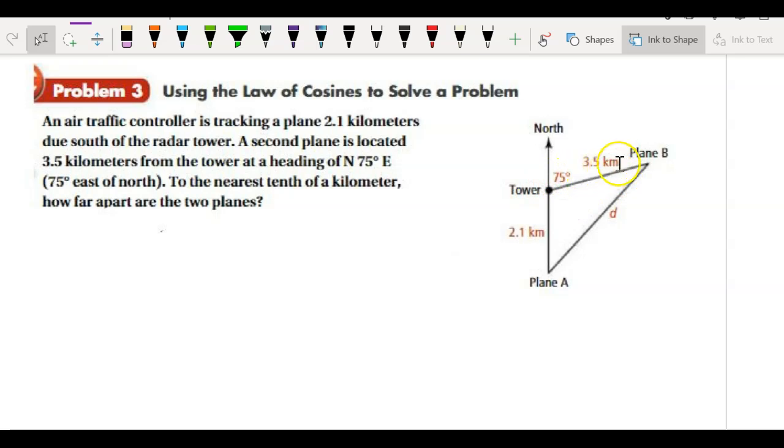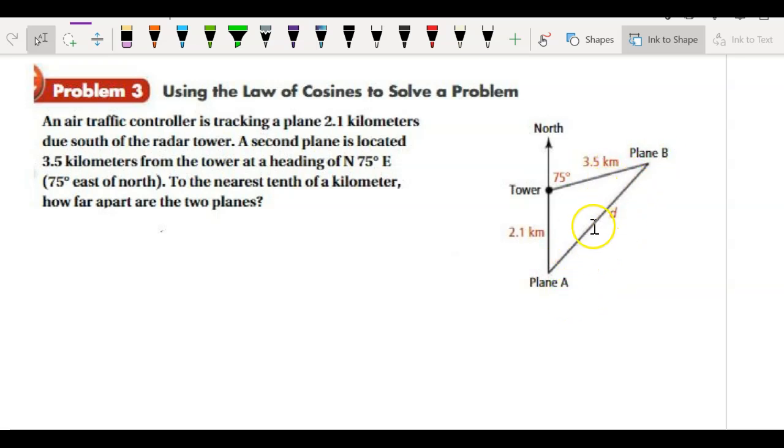So that's going to be right over here. And I may have said that wrong, so don't quote me on that. That's why it's good that they give us a picture. So that's going to be plane B. Here's our 3.5. So what do they want us to find? They want us to find the distance between the two planes.